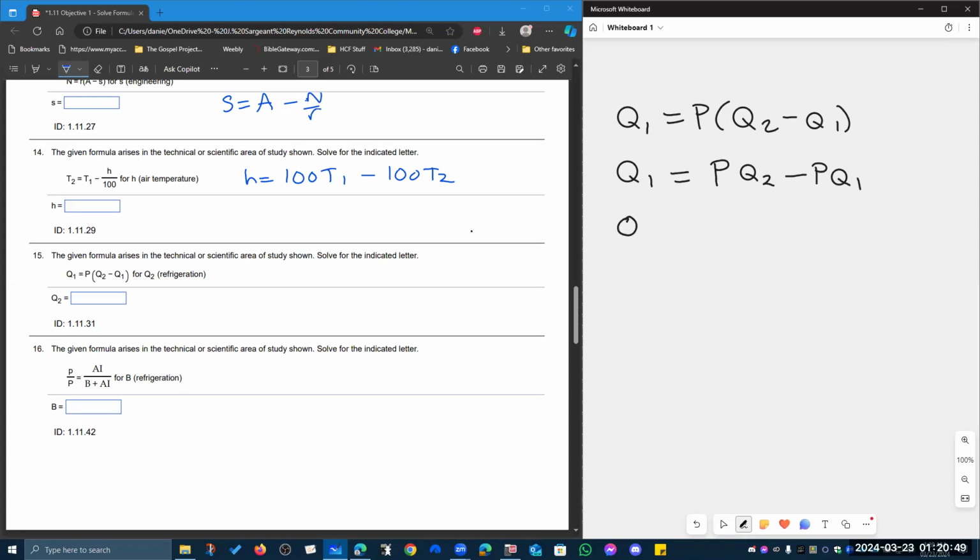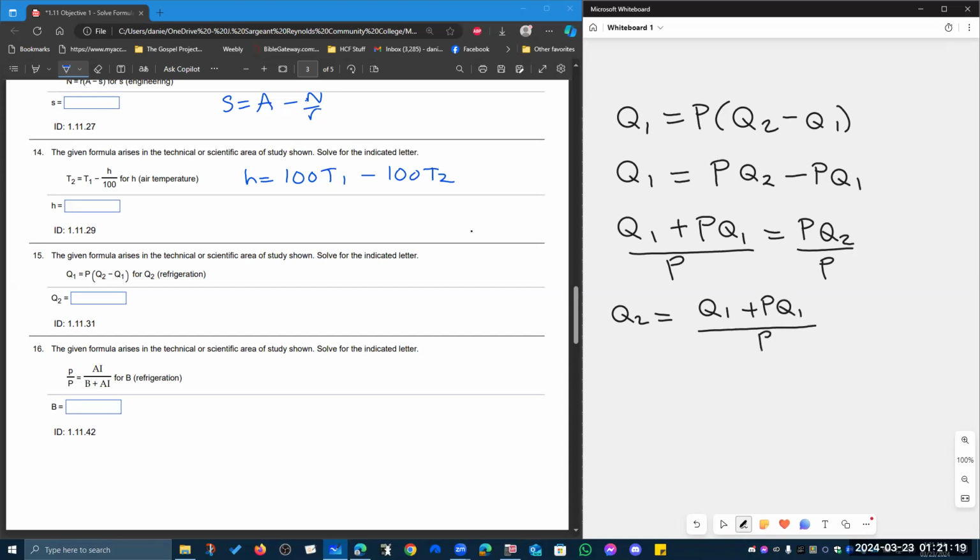And then Q sub 1 plus P times Q sub 1 is equal to P times Q sub 2. Divide both sides here by P. And Q sub 2 is equal to Q sub 1 plus P times Q sub 1 over P.